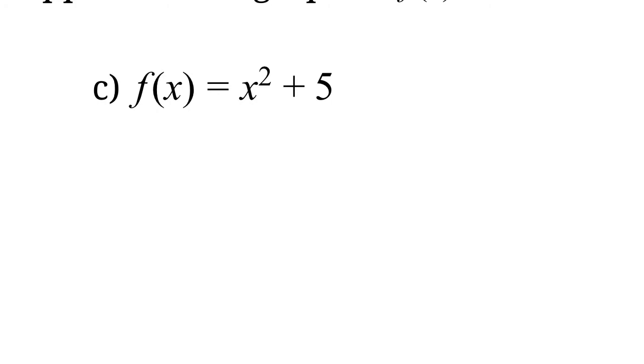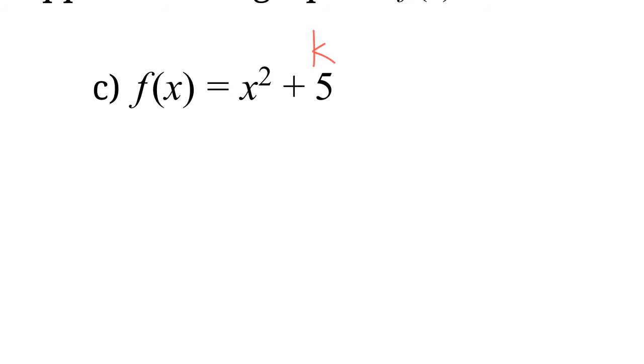However, this parabola does have a k value, and so our k value is a positive 5. So when you have a k value that is a positive value, that implies that it is being shifted upwards.